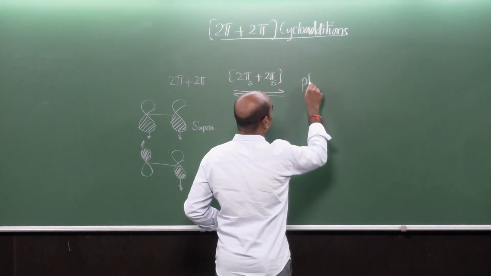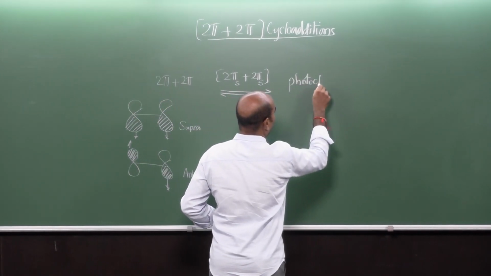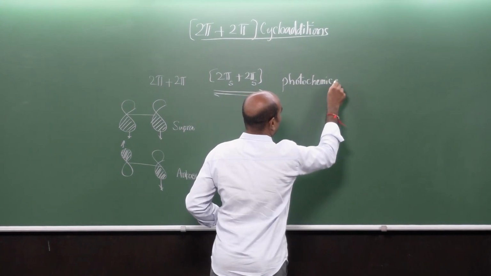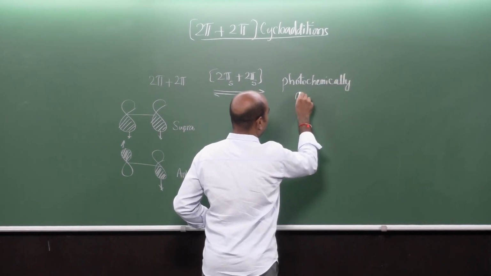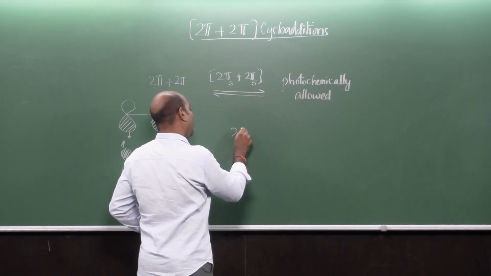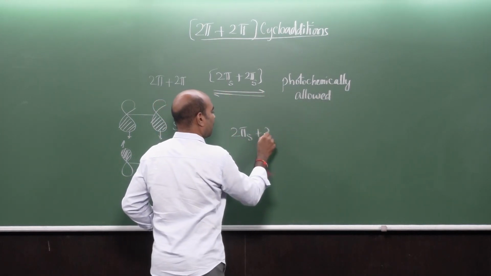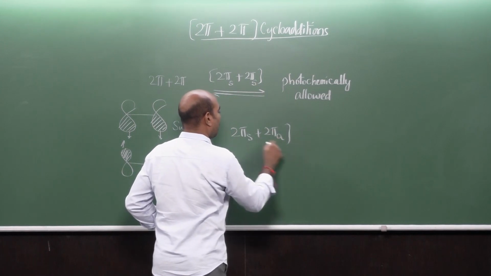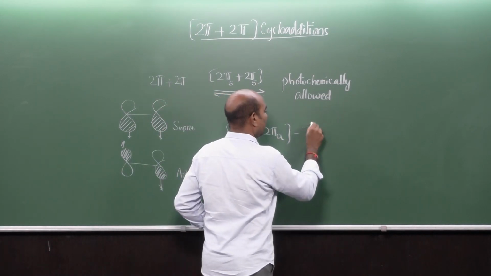So 2π supra plus 2π supra mode of cycloaddition reactions are photochemically allowed. Whereas 2π supra plus 2π antara mode of cycloaddition reactions are thermally allowed.